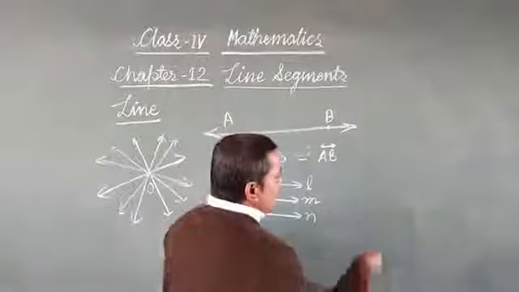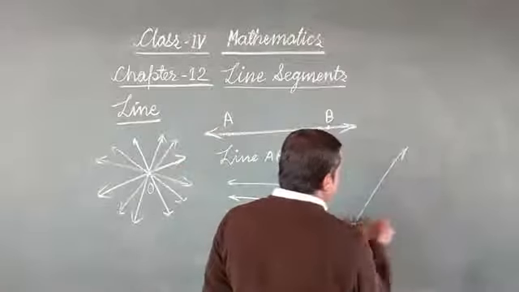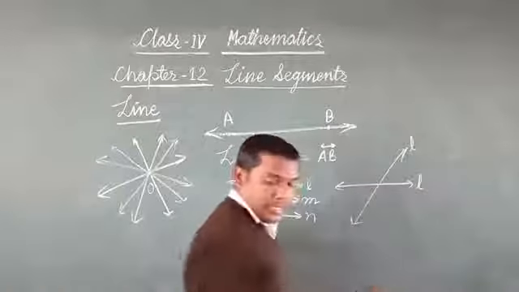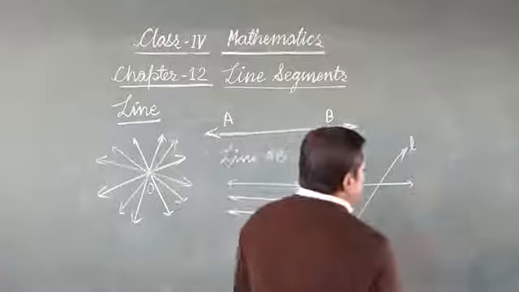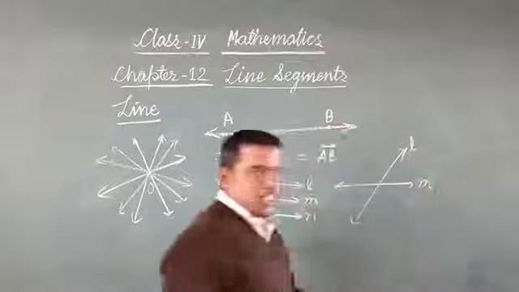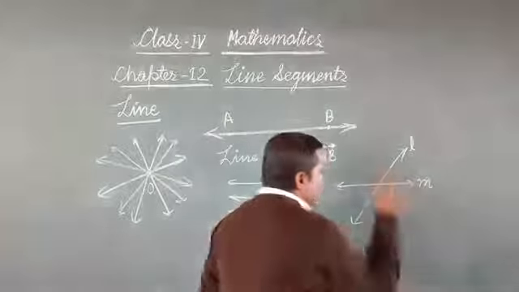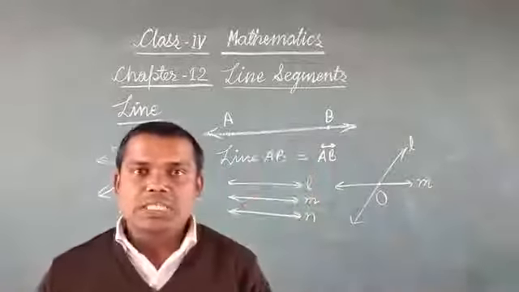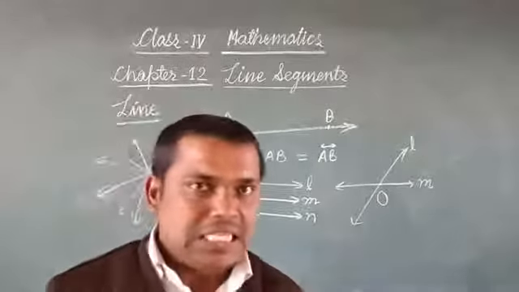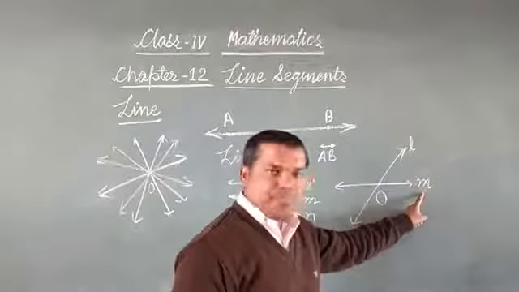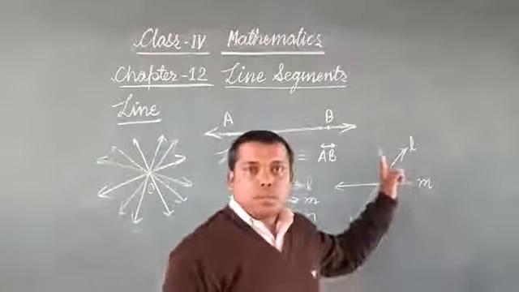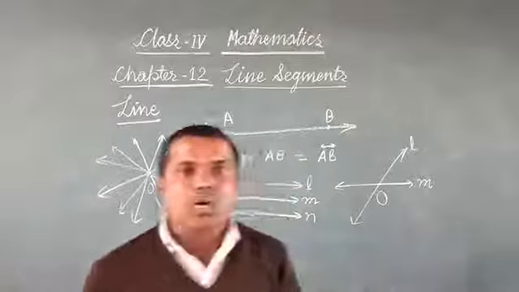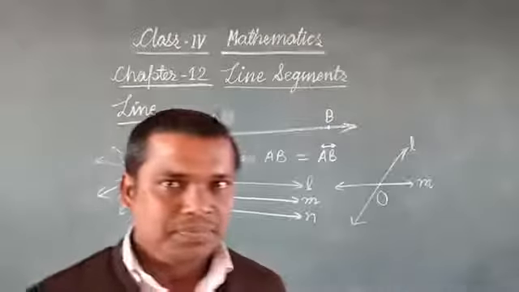Look here. Suppose we have two lines, this is line L and this is line M. These two lines intersect each other at this point, say point O. So point O is called the point of intersection of line L and line M, and these two lines are called intersecting lines.